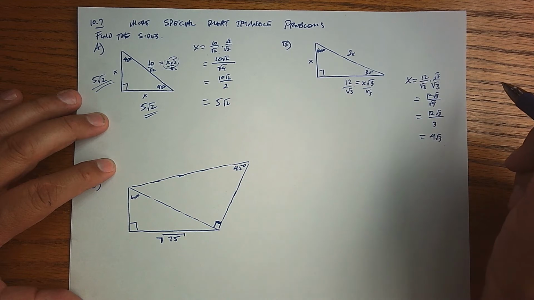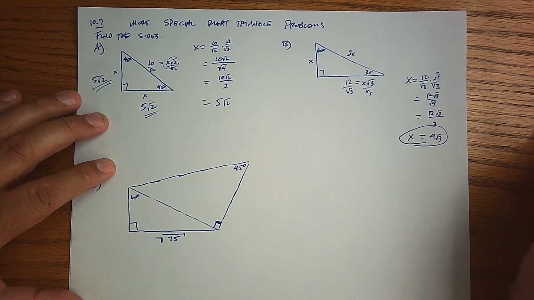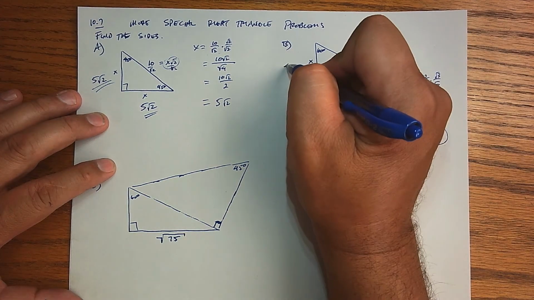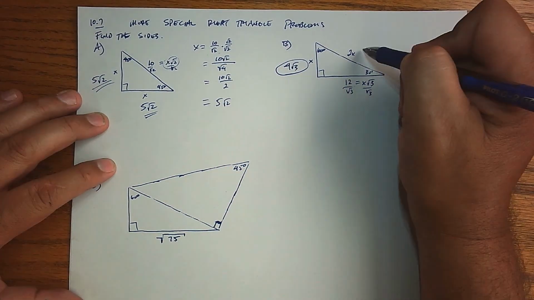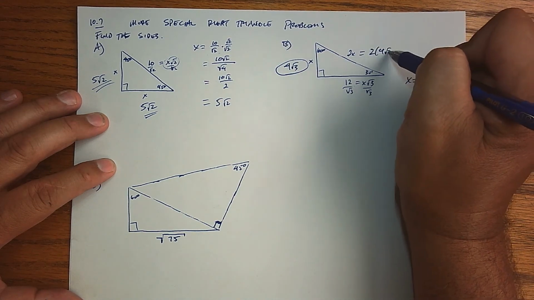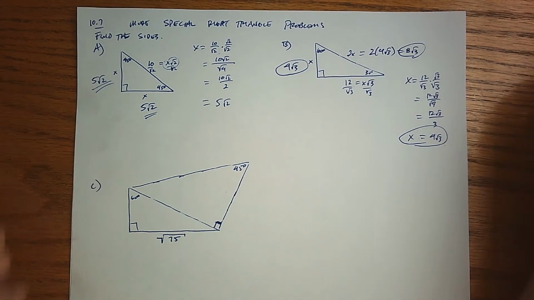So x is equal to 4 square roots of 3. That means that this side is 4 square roots of 3. This side will be 2 times whatever x is, so this would be 8 square roots of 3.